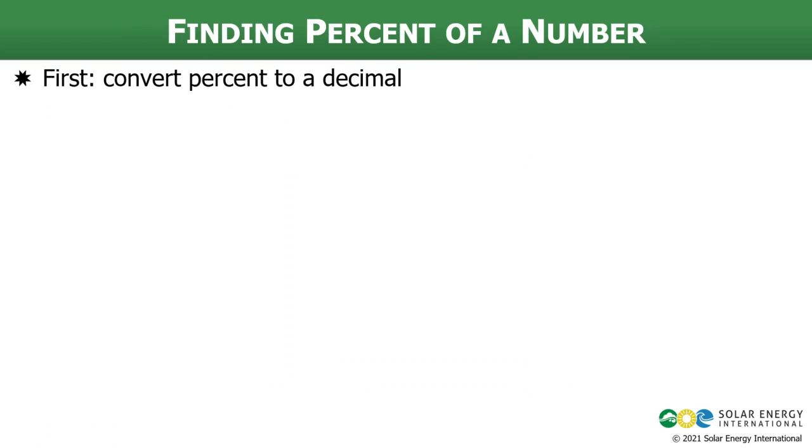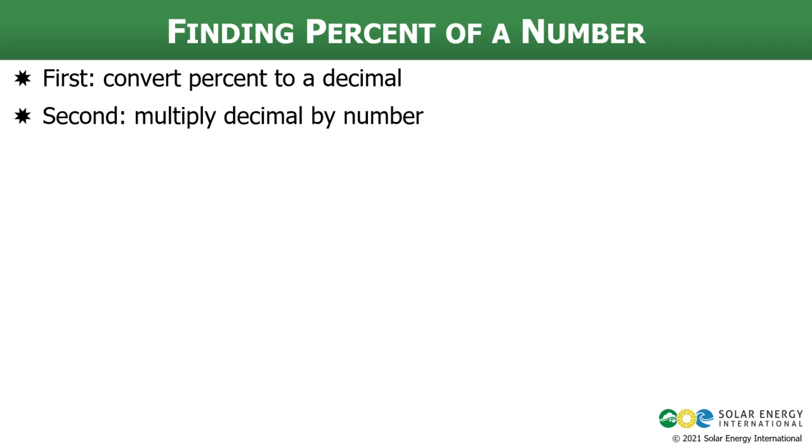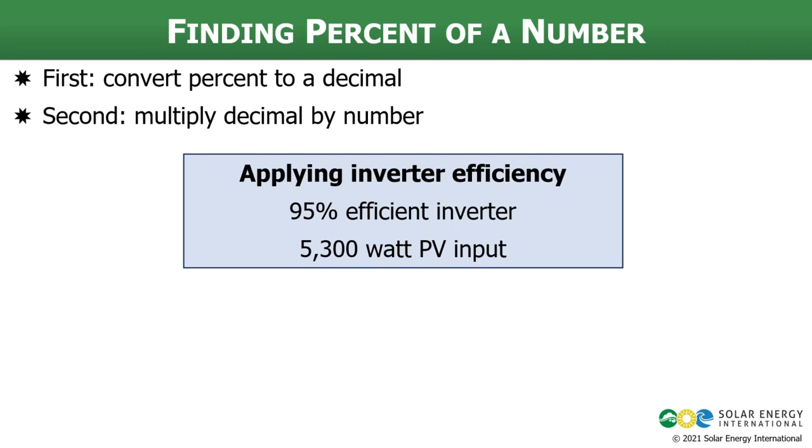So again, if we want to find a percent of a number, first we have to convert the percentage to a decimal. Then we multiply the decimal by the number. So here's an example. If we have an inverter that is 95% efficient and we want to figure out what the approximate output of that inverter will be if we have a specific size PV array operating at standard test conditions.